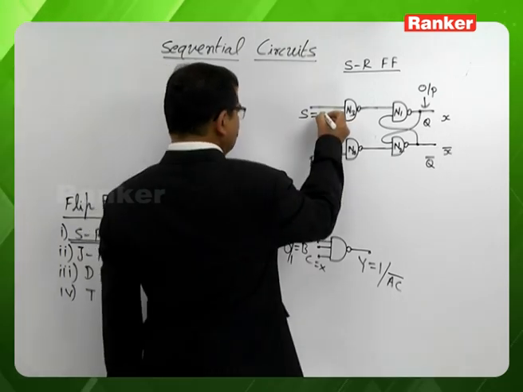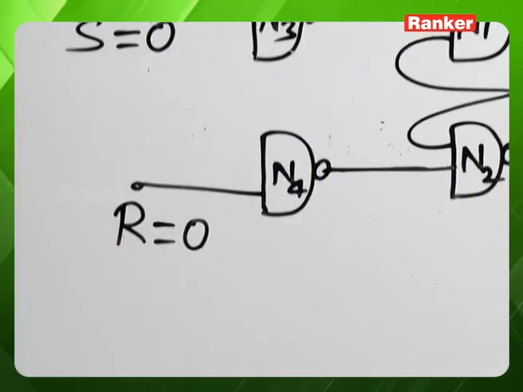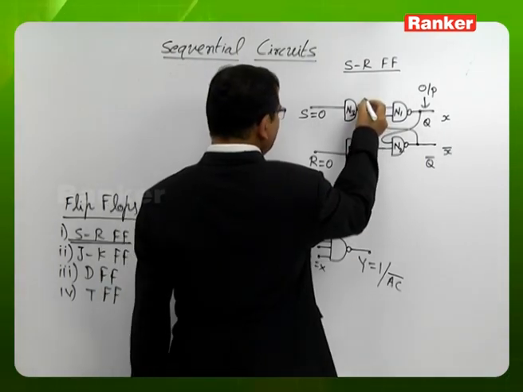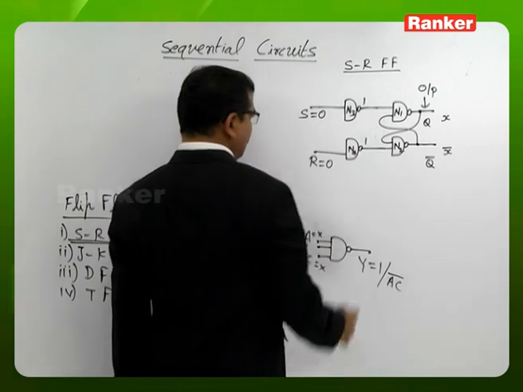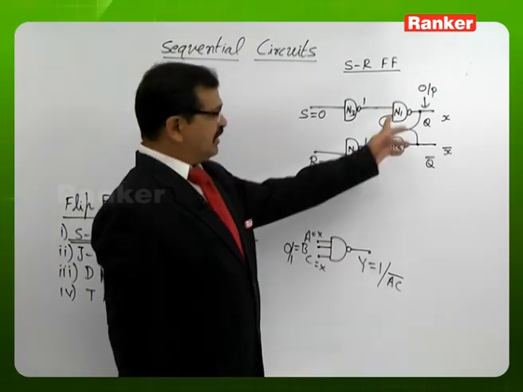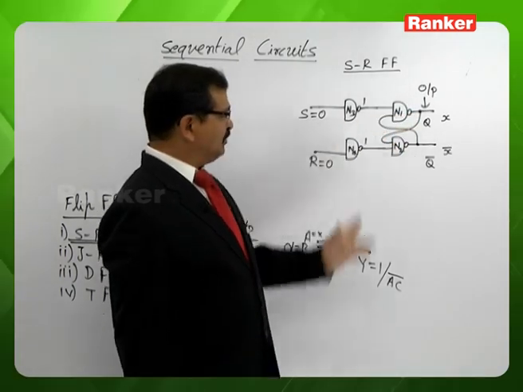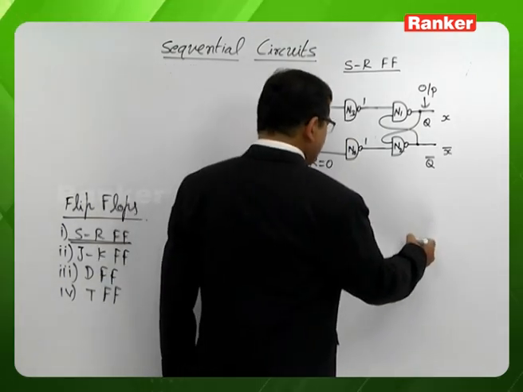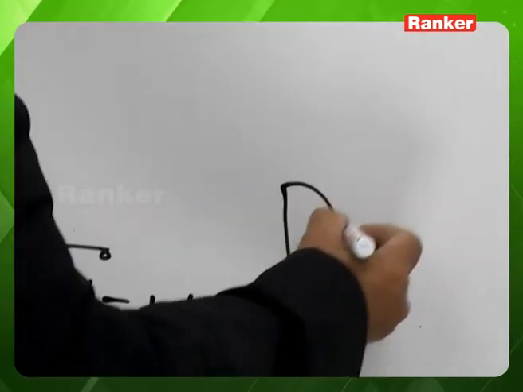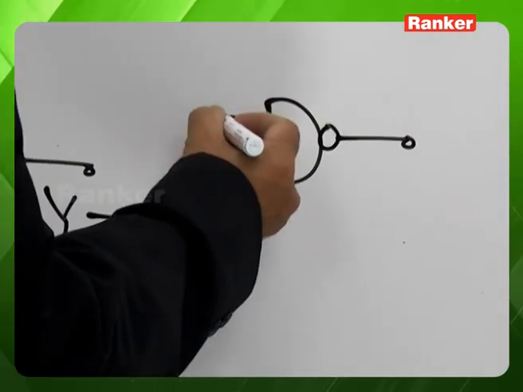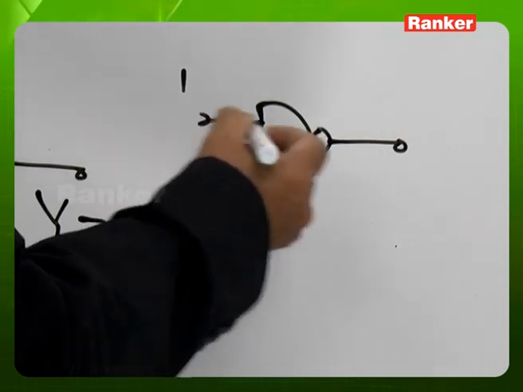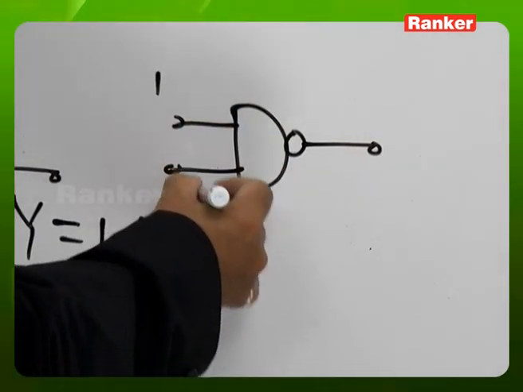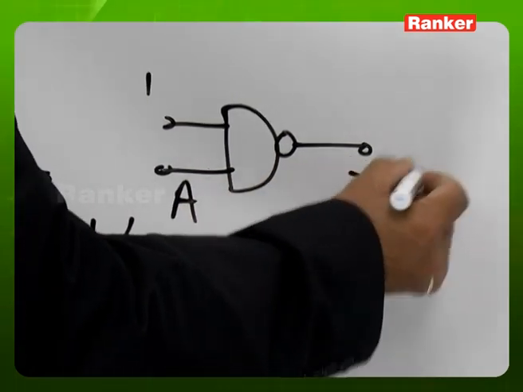Now, if S is 0, R is 0, gate N3 as well as gate N4 outputs are 1. So for gates N1 and N2, one of the inputs is 1. Whenever one of the inputs of the NAND gate is 1, based on our earlier description, the NAND gate output depends on the other input. If the other input is A, the output is A complement.